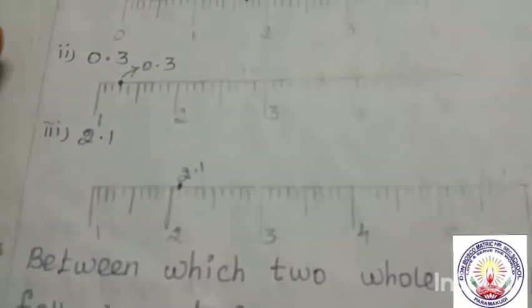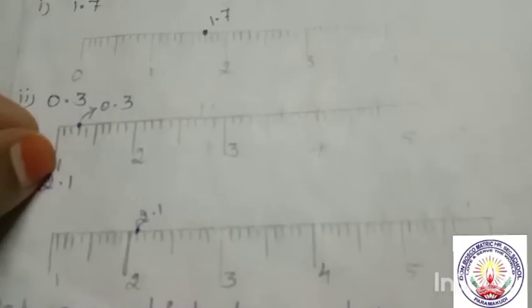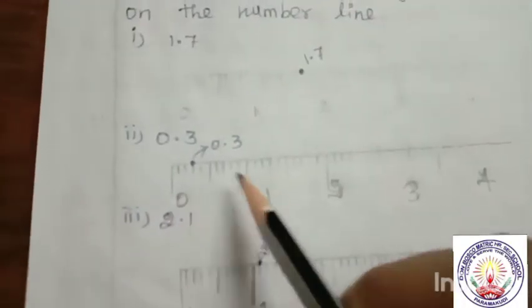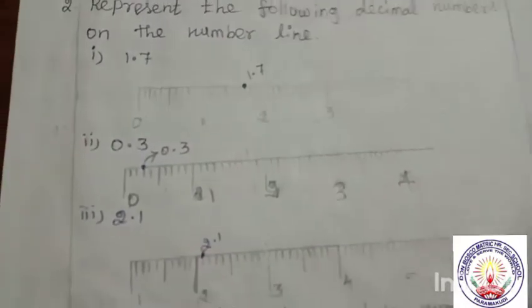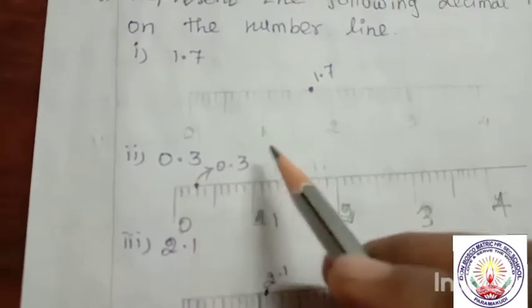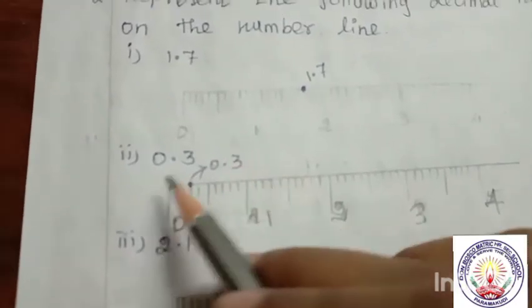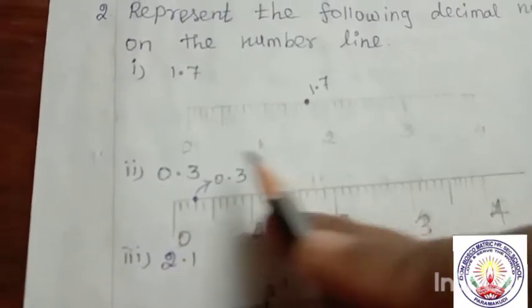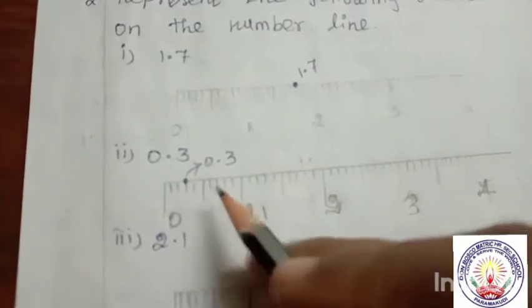Next 0.3. First of all, you draw the scale. 0, 1, 2, 3, 4, all of them centimeters. 0.3 lies between 0 and 1. 0.3 lies between which two? Between 0 and 1.